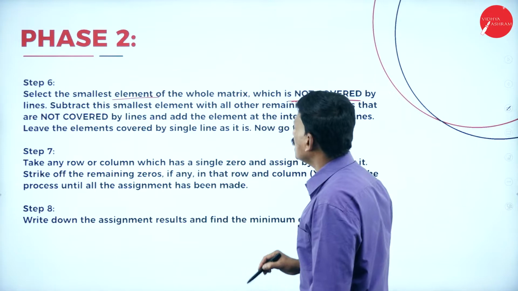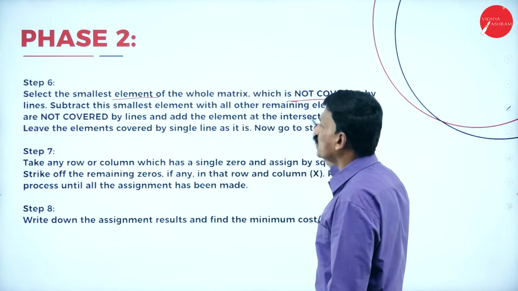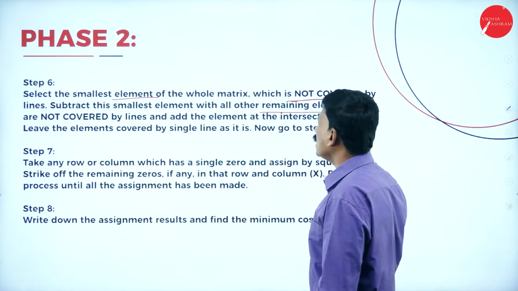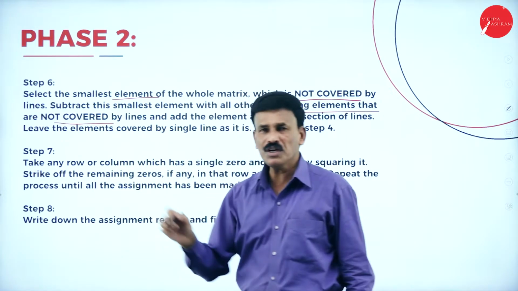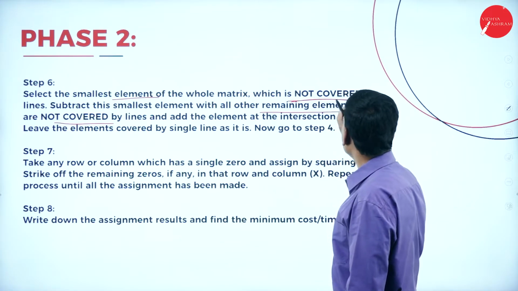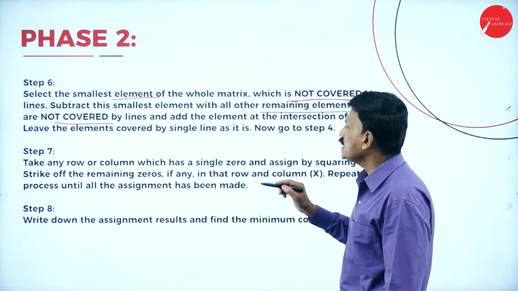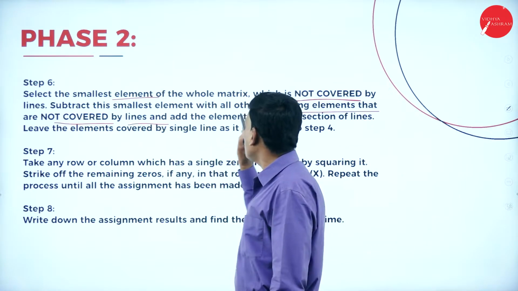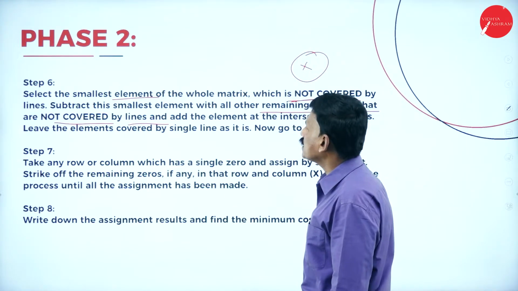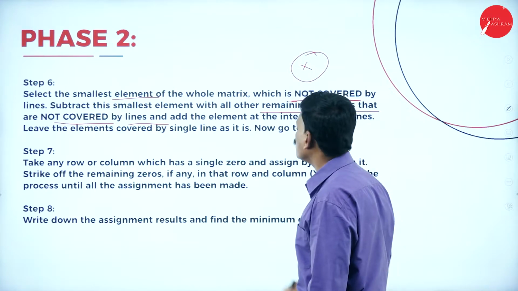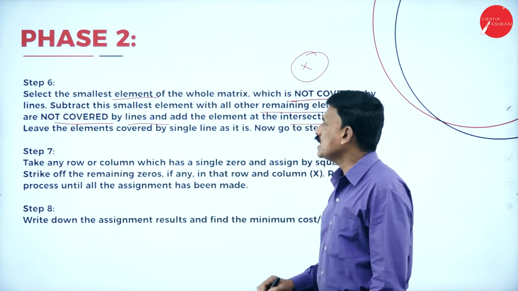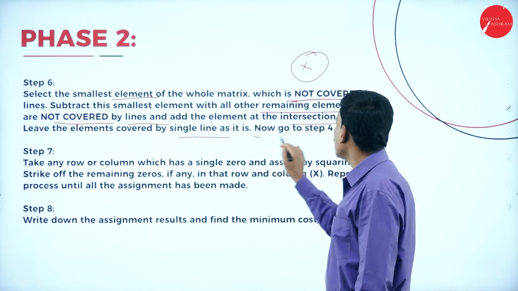Subtract this smallest element x from all the remaining uncovered elements, and add the value of x at the intersection of the lines. Leave the elements covered by a single line as they are.